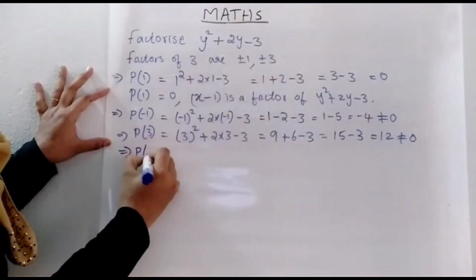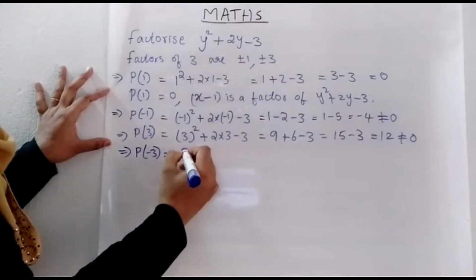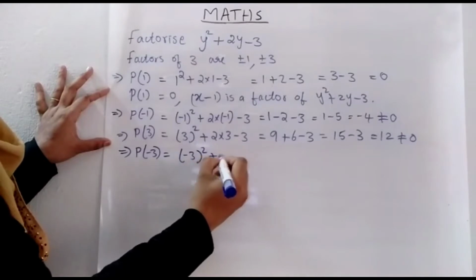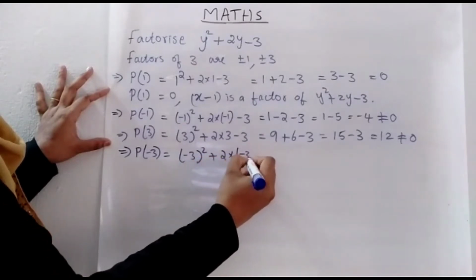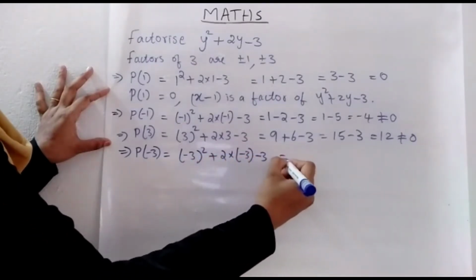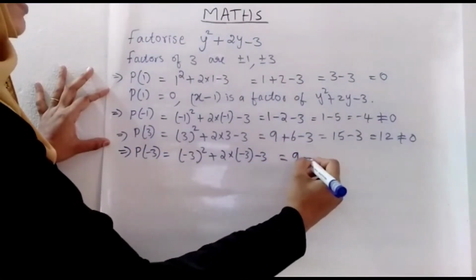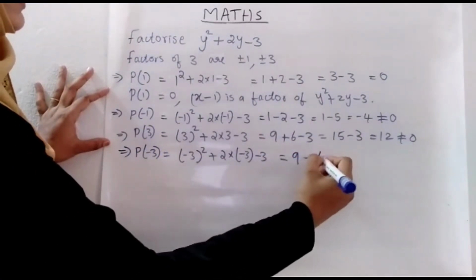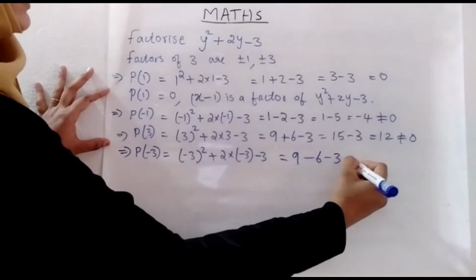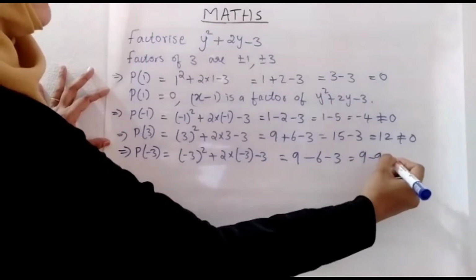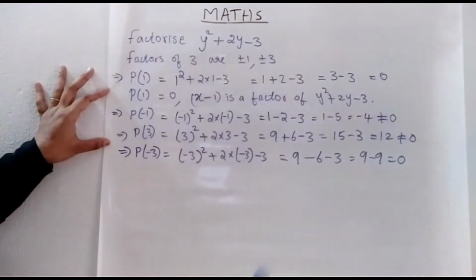Next we have to check minus 3. One more factor is there, that is minus 3. Minus 3 square plus 2 into minus 3 minus 3, which is equal to 9 minus 6 minus 3, that is 9 minus 9, which is equal to 0. Here also we got 0.